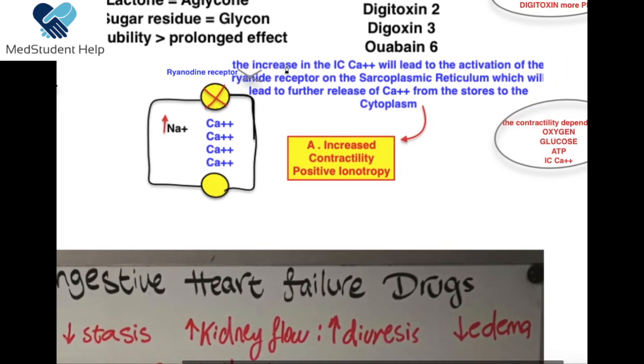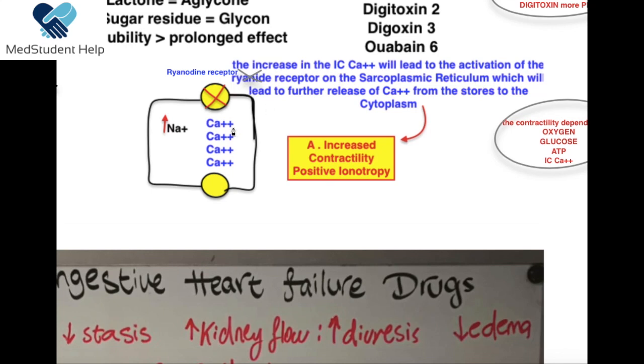Now, the increase in the intracellular calcium is going to activate the ryanodine receptors on the sarcoplasmic reticulum. I've already mentioned that in the calcium channel blocker video, but it's not important to go back to it if you don't need to.